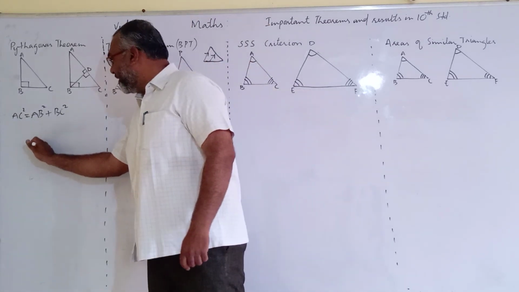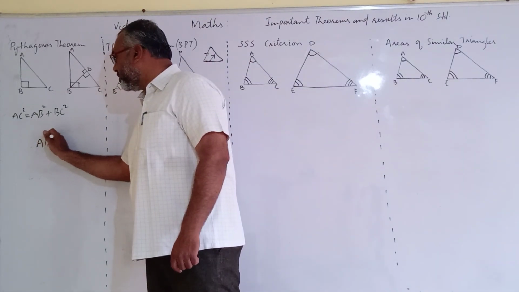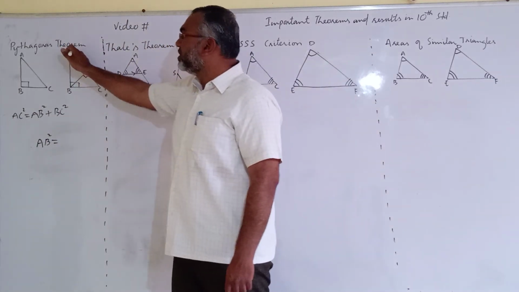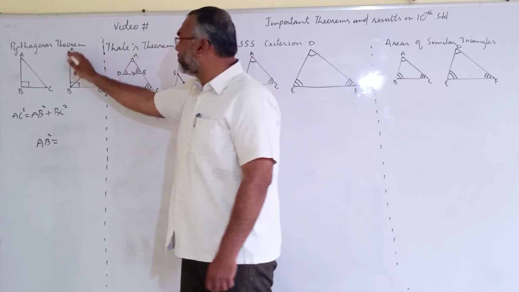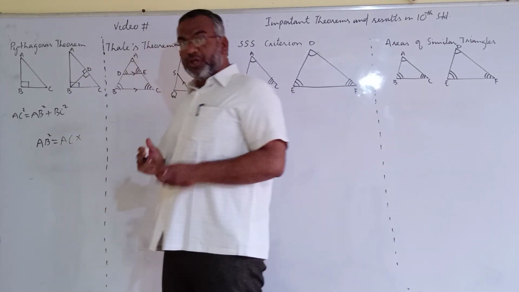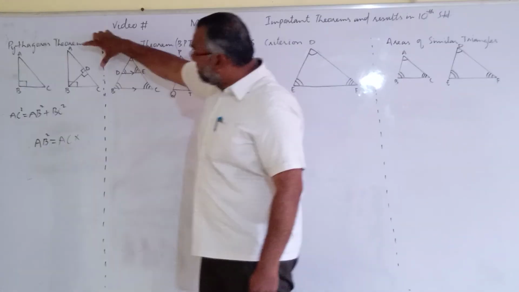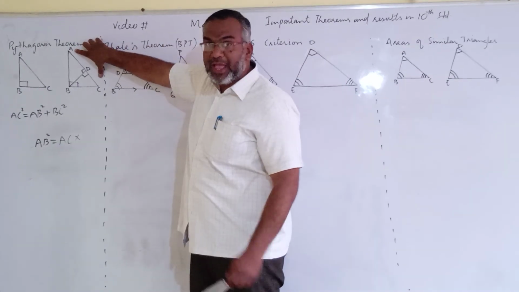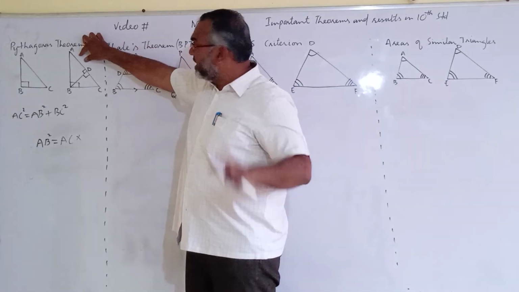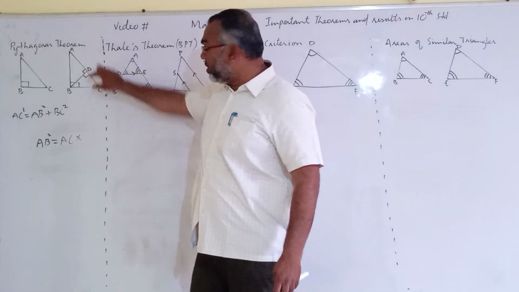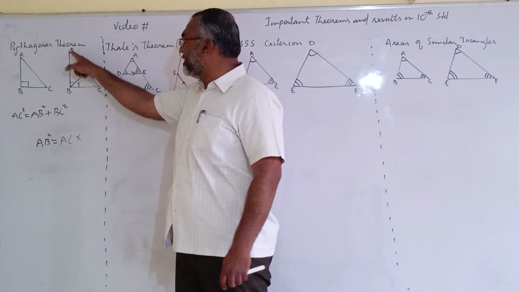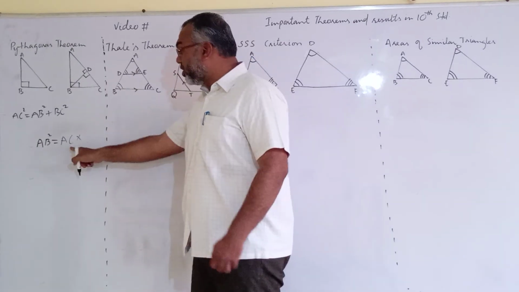You can write AB square will be equal to, but here you have to take the hypotenuse of the big triangle ABC, which is AC, into, now if you observe carefully, this hypotenuse AC has two parts, AD and DC.